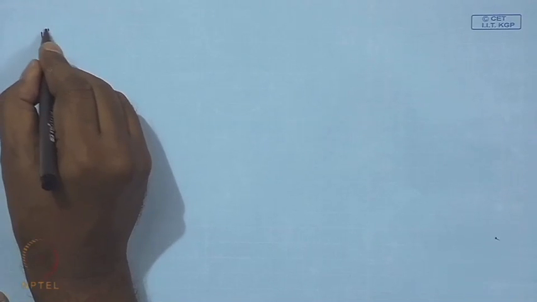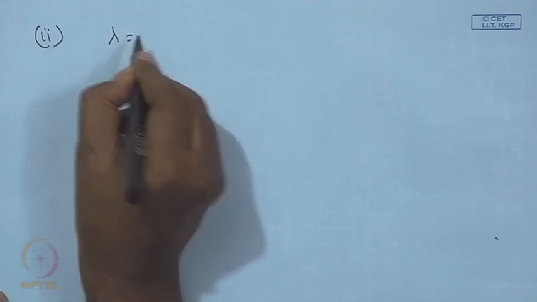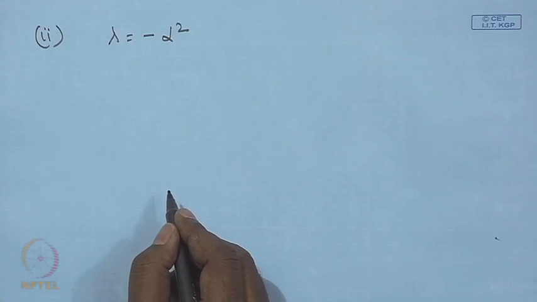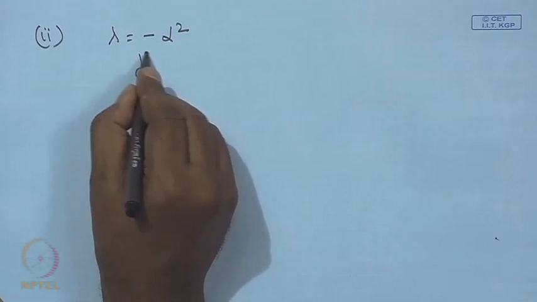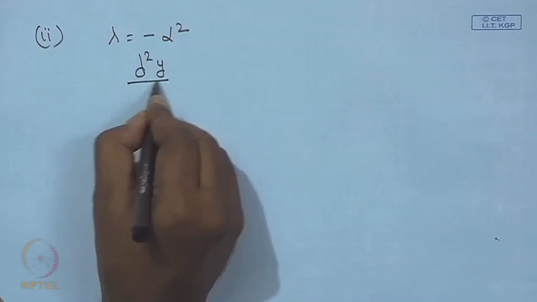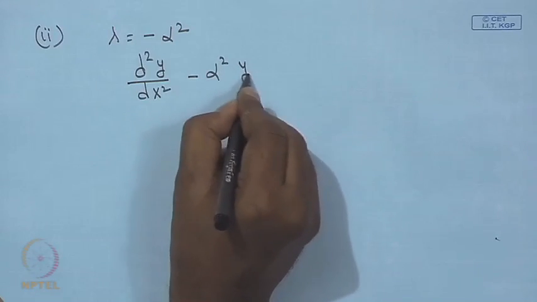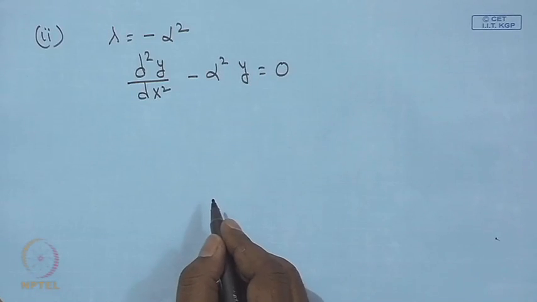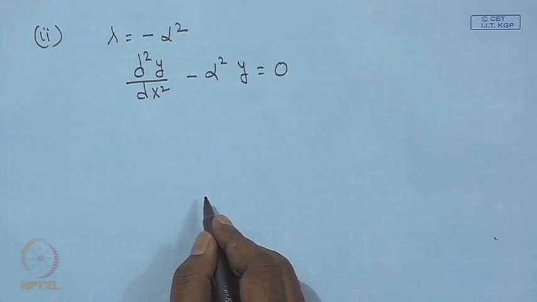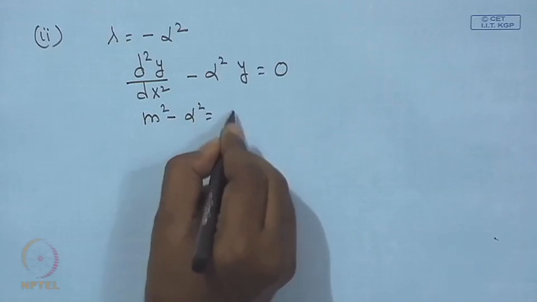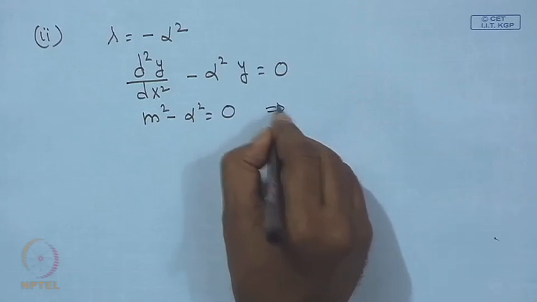So, case 2, lambda is minus alpha square and it is negative. So, our differential equation now becomes d square y by dx square minus alpha square y is equal to 0. If you remember, the form of the solution to this equation is e to the power m x, and m square is equal to minus alpha square is the characteristic equation.